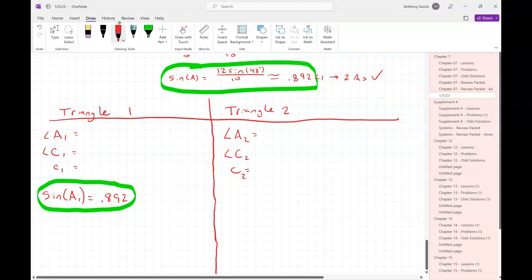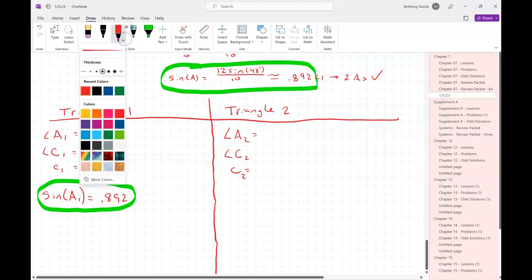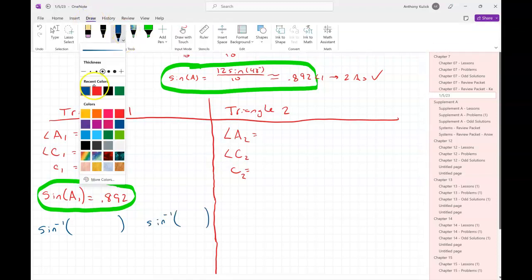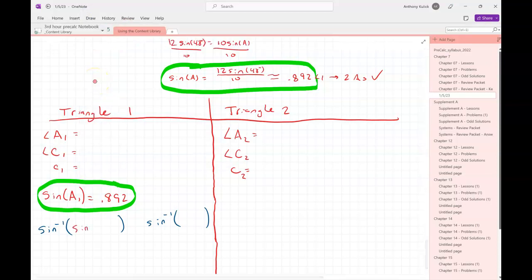Good job, Lexi. We use sine inverse. So we'll do sine inverse to both sides of this equation. Does everybody remember that now? Does that ring a bell?